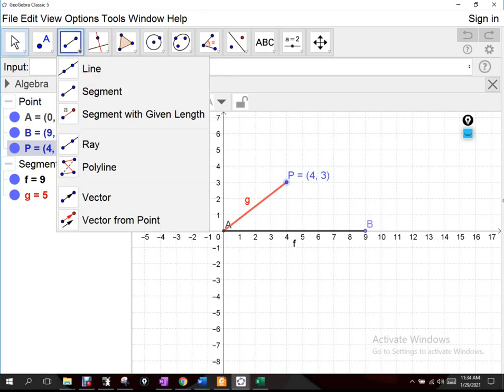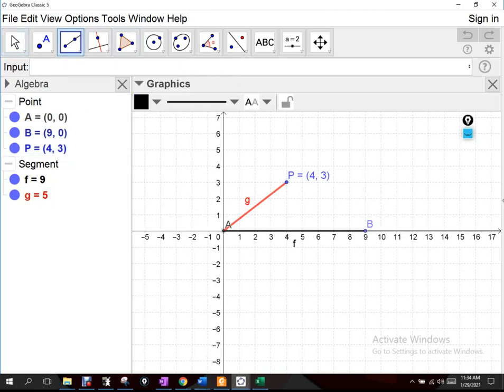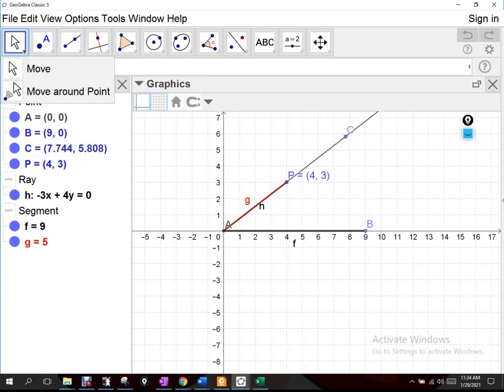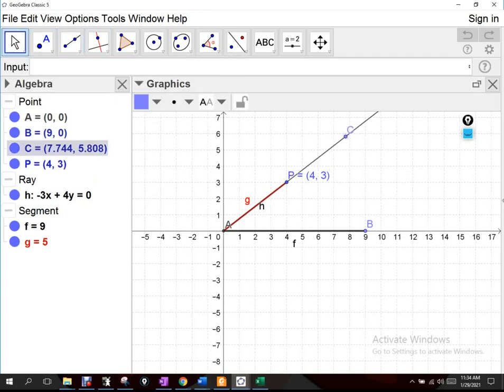Okay, but we really don't care eventually where P is, whether it's 4, 3, or it's, let's see here, point, whether it's 4, 3, or it's that number right there, okay?